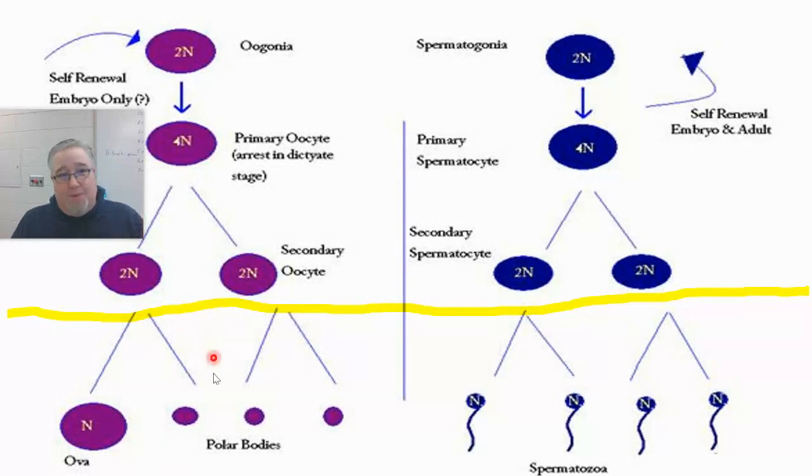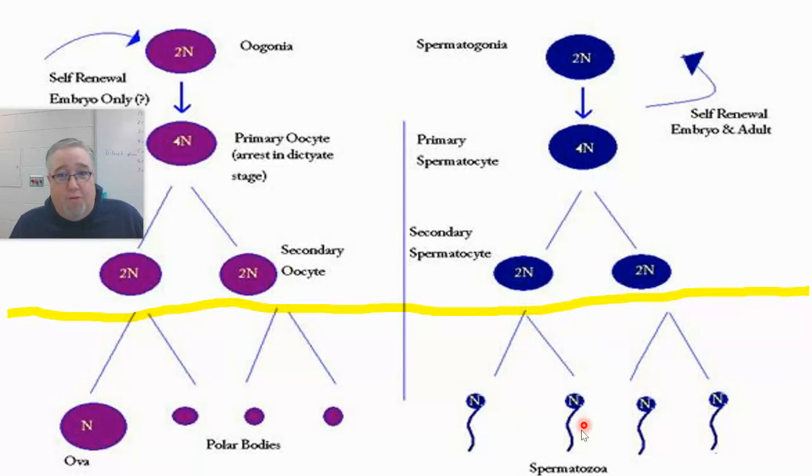The female reproductive system just wants to produce this one quality egg from that original cell. So you get one egg, three polar bodies. Whereas in males, from that one original cell, you get four sperm cells. And each one of these is capable of fertilizing a female's egg.